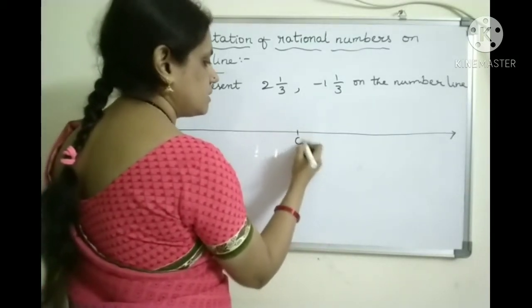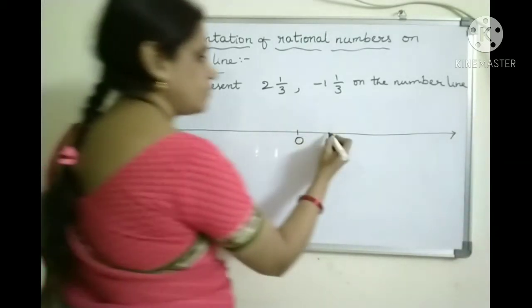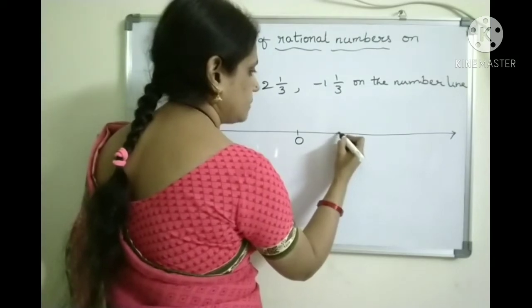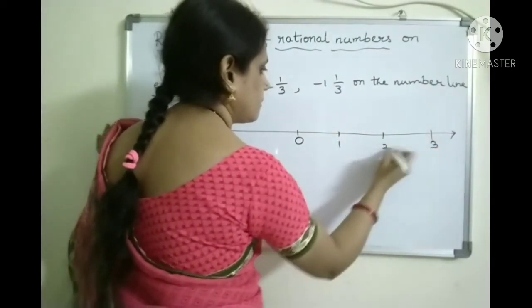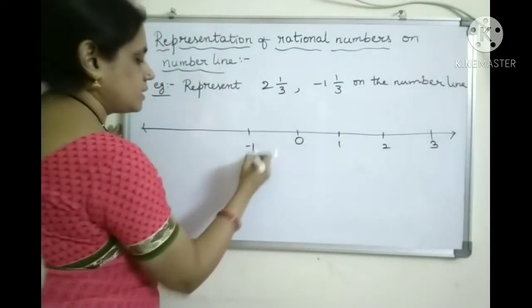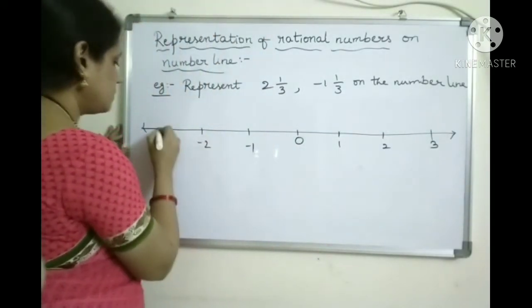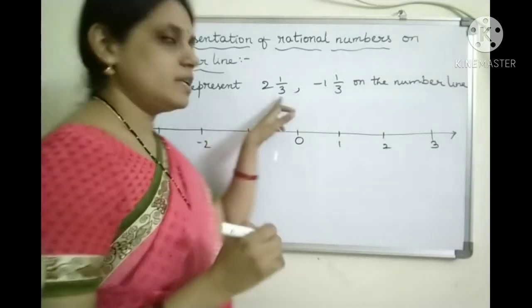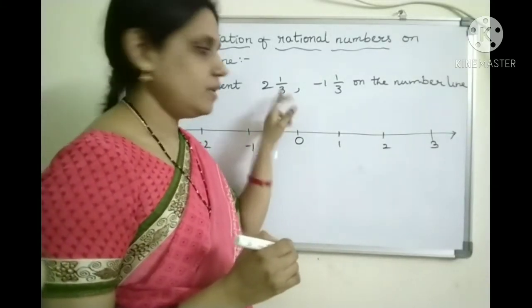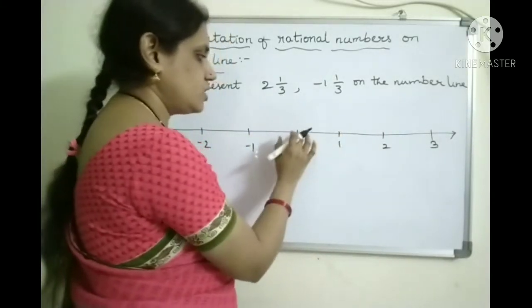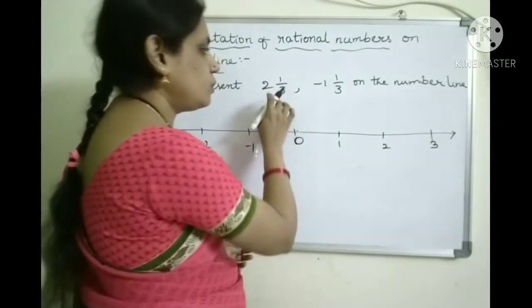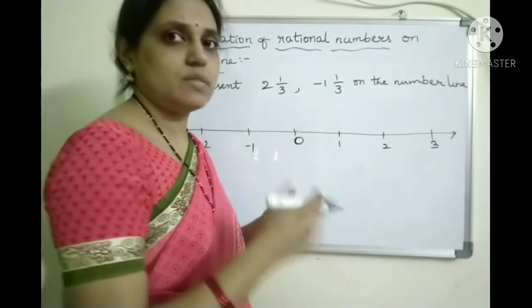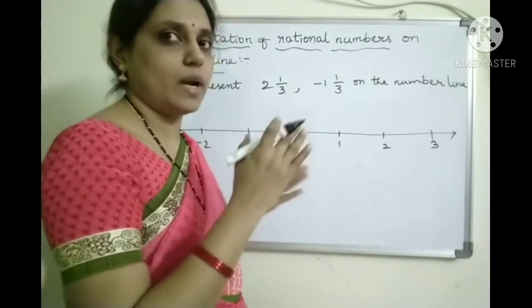So here 0, now 1, 2, 3, and here minus 1, minus 2, minus 3. Since the denominator is 3, we have to divide each interval into 3 equal parts. Now 2 1 by 3 means it is more than 2, in between 2 and 3.